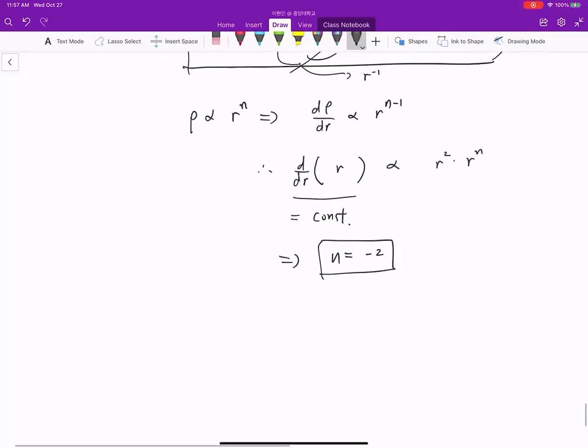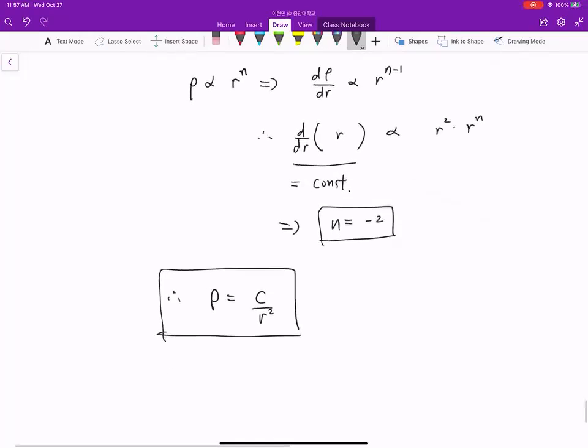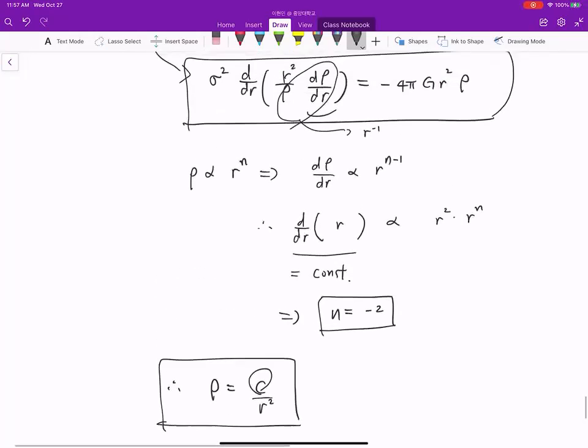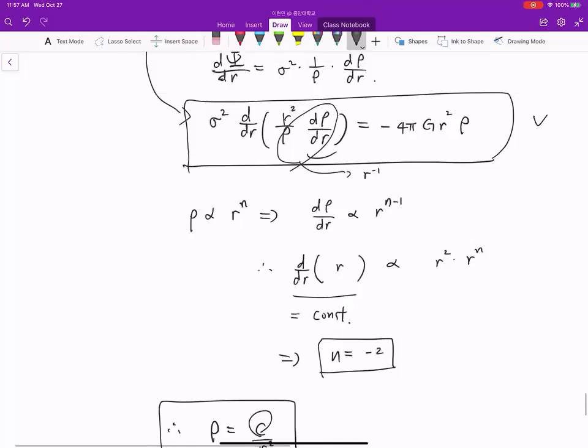Right? So therefore, energy density is a constant c over r square. And then you see c is not arbitrary, okay? Because from this equation, we have some constant on the left-hand side, some constant on the right-hand side.